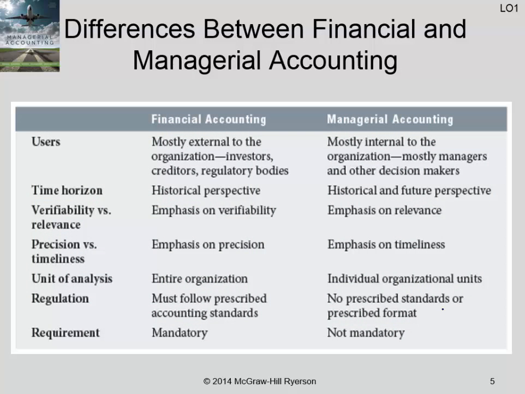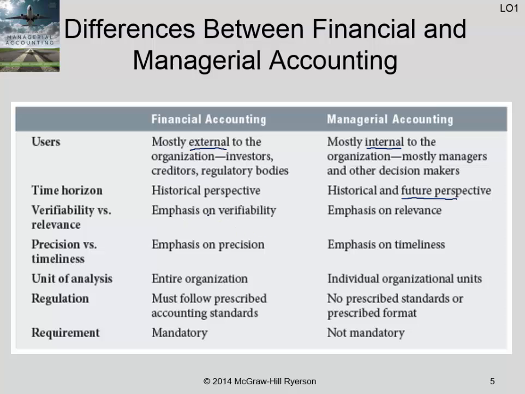A little more detail on the distinctions between the two. Financial accounting has mostly external users, whereas management accounting is internal. On time horizon, financial accounting is backwards looking: it looks at how you did last month, last year, last quarter, whatever. Management accounting tries to look toward the future.